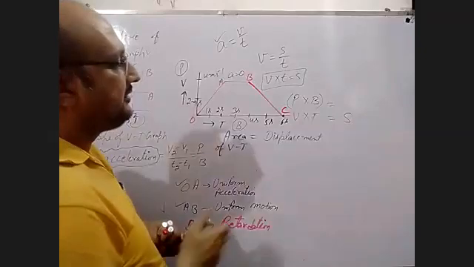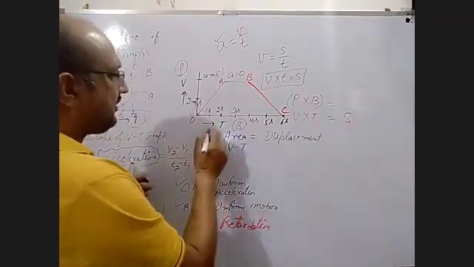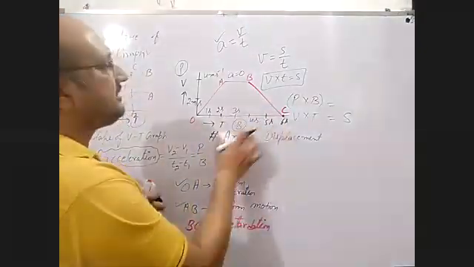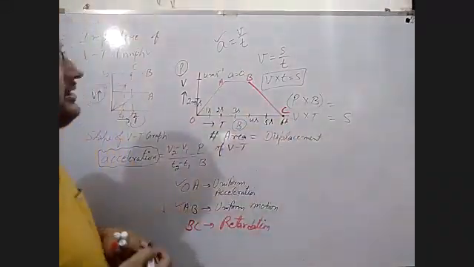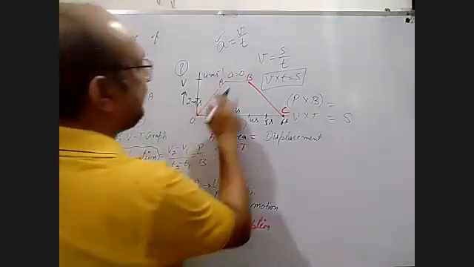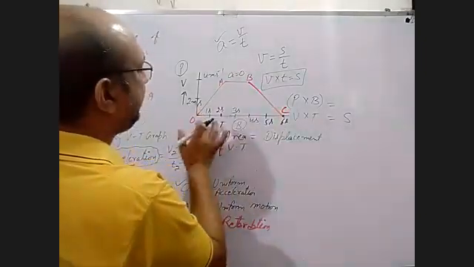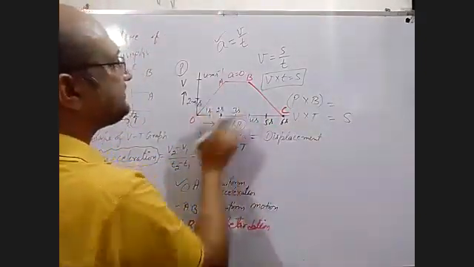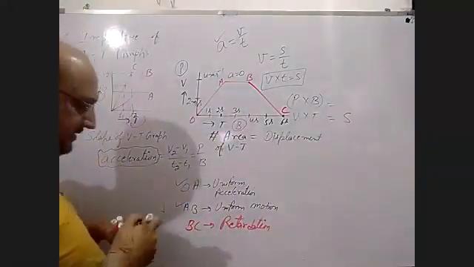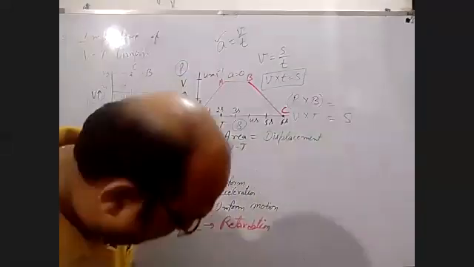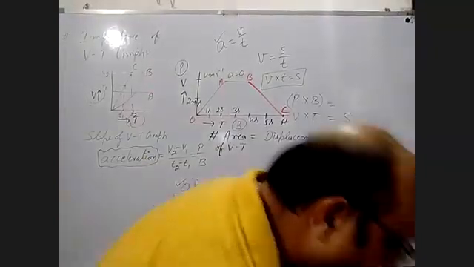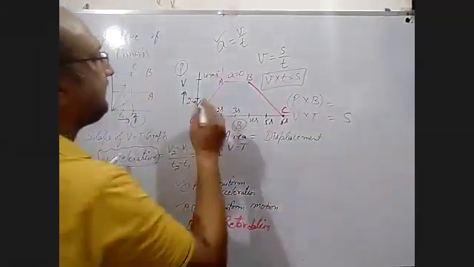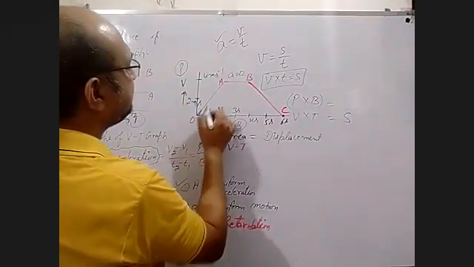But my question is: how much displacement is covered by the object in 6 seconds? To calculate the displacement covered by the object in 6 seconds, we have to take the area under the curve. And the area under this curve is this.